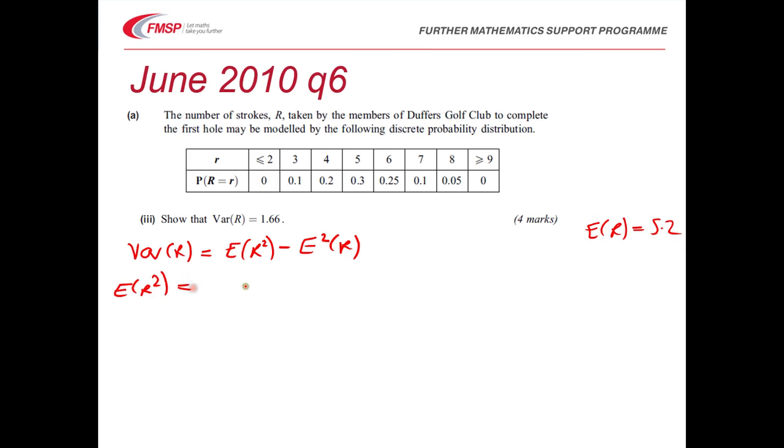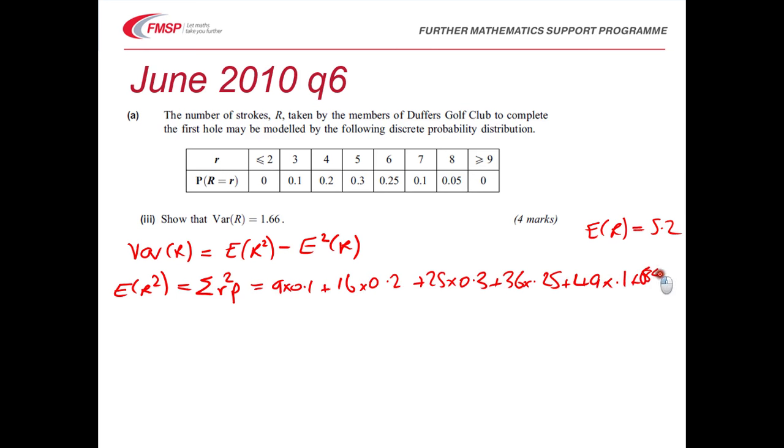So all that means is that we're looking at the sum of R squared times P. So that's going to be 9 times 0.1 plus 16 times 0.2 plus 25 times 0.3 plus 36 times 0.25 plus 49 times 0.1 plus 64, 8 squared, times 0.05. So we need some evidence that you're squaring R to do this. Okay, now that's going to give me 28.7.